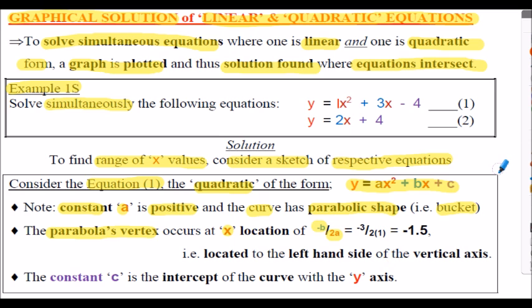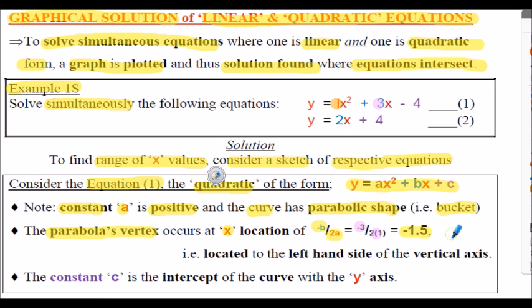In equation 1, we know that the b value was 3 and the a value was 1. So putting the values of 3 and 1 into the equation, we have the negative 3 for the negative b term on the top line. That's divided by 2 times the a, that's 2 times the 1 on the bottom line. So that gives an x location for the vertex at negative 1.5.